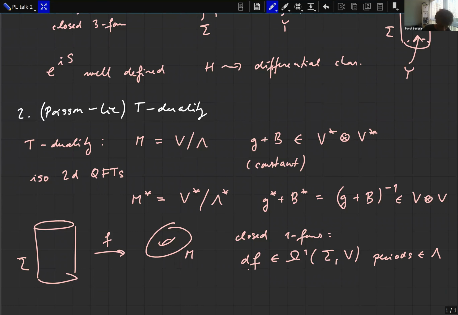And there is another closed one-form that one can cook up coming from the Noether theorem. So if f is a solution of the equations of motion, then we would have something, let me call it pi. This would be like the momentum density. So this lives in omega 1 of sigma with values in V star. And classically, these periods are whatever, right? When we integrate it along a circle on the cylinder that I drew here, that's going to be like total momentum.